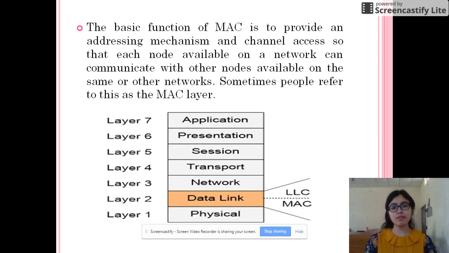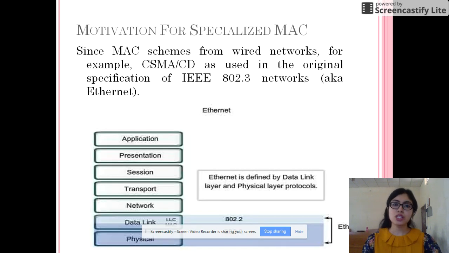The basic function of MAC is to provide an addressing mechanism and channel access so that each node available on a network can communicate with each other node on the same or other networks. Sometimes people refer to this as the MAC layer. Here in the diagram we can also see that the second layer, the data link layer, is comprised of LLC and MAC.